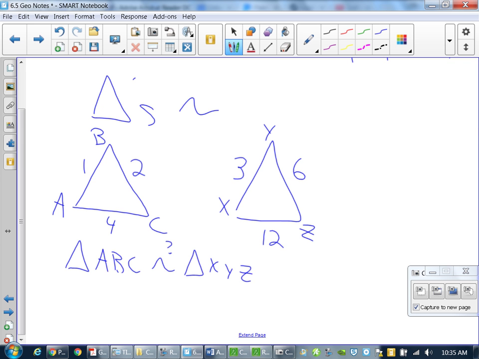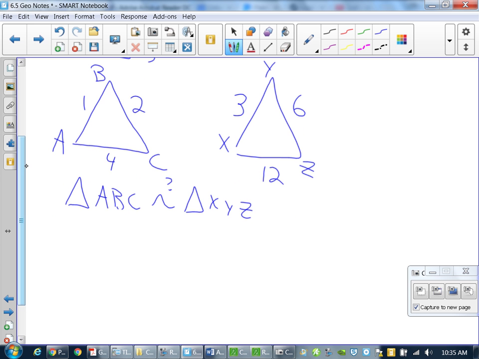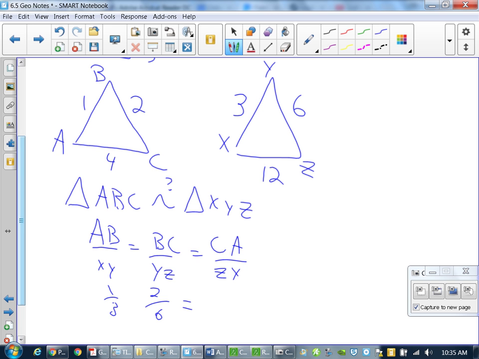Well, that means all you're doing is your fractions. AB, BC, CA, and you check to see if it matches up to the other one. And do all of those work?